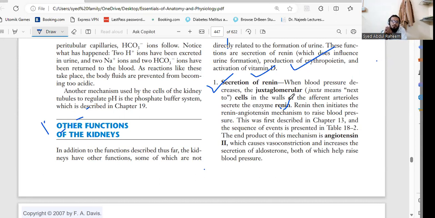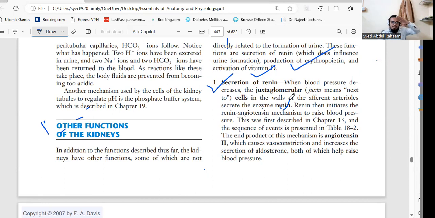So they are the cells that sense the blood pressure of the kidney, because the kidney needs that much pressure to filter the blood.